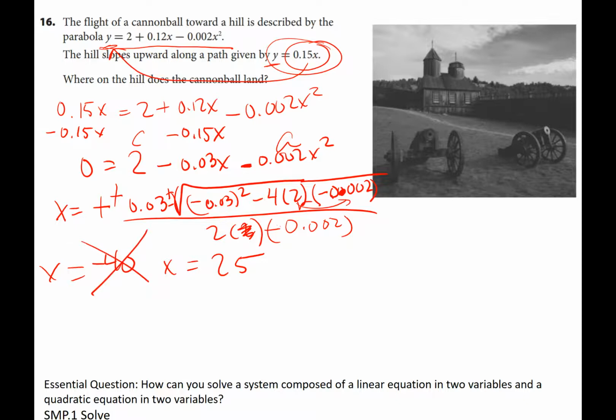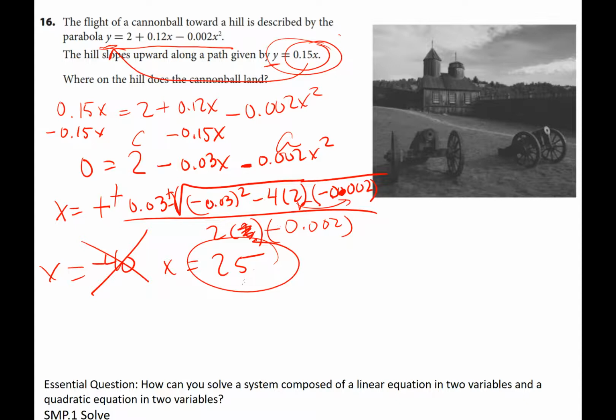So really we just have the 25. But the 25 doesn't talk about where it lands. It doesn't really give us a value for the x. The landing value is really what the y value is. That's our end value. This is where the two things cross, but it isn't where it actually lands.